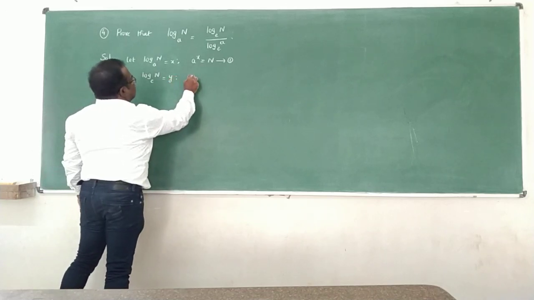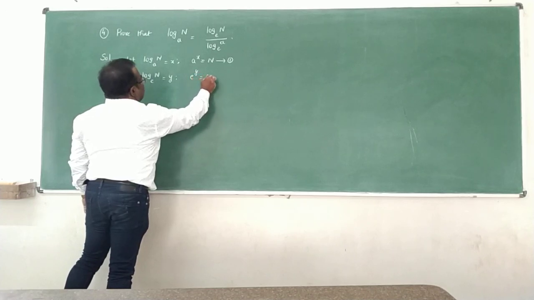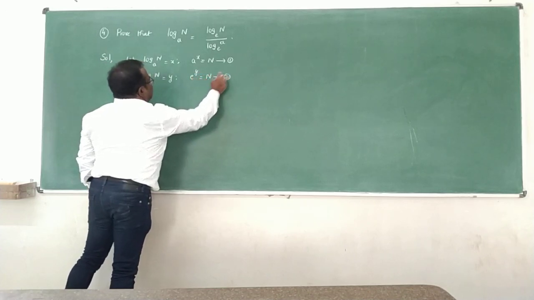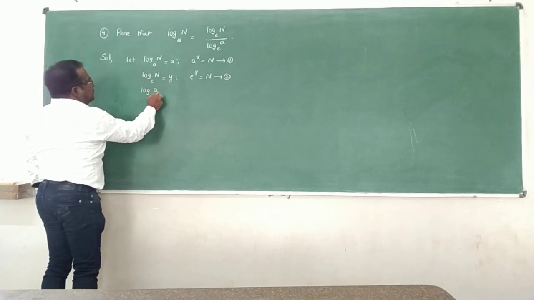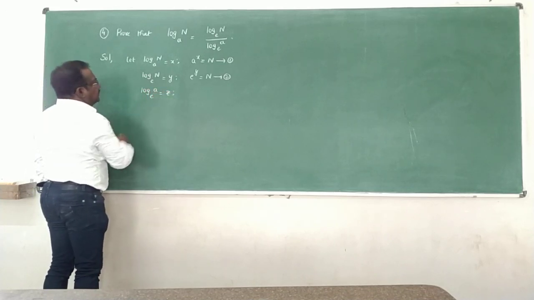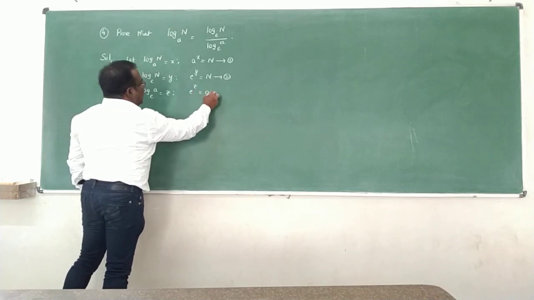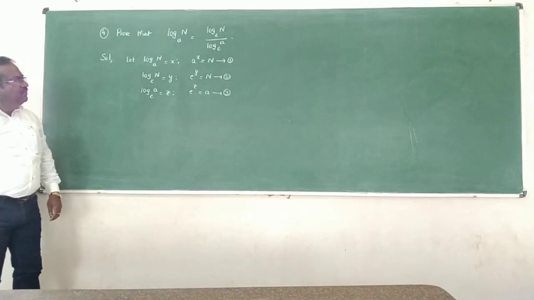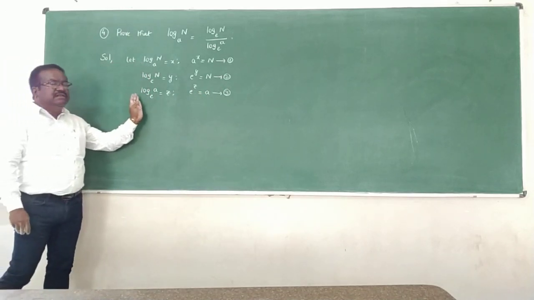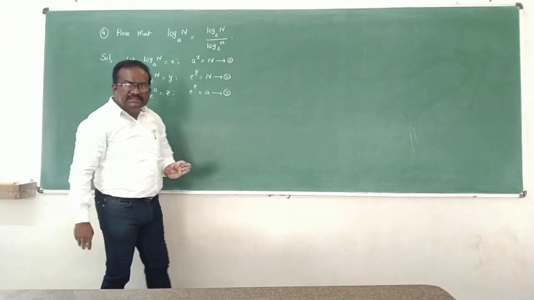That is e^y = n. Next, the denominator log a base e = z. That is e^z = a. This is number 3. That means we have converted the logarithm into exponential form. In the last class we have already discussed, children.